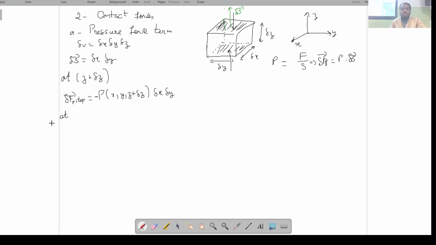For the bottom face at Z, the pressure force delta F sub P bottom equals the pressure evaluated at X, Y, and Z times delta X delta Y.